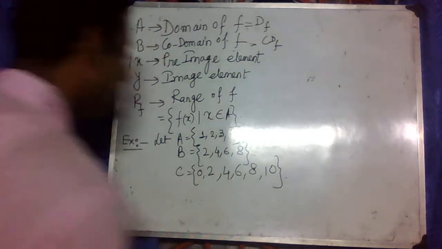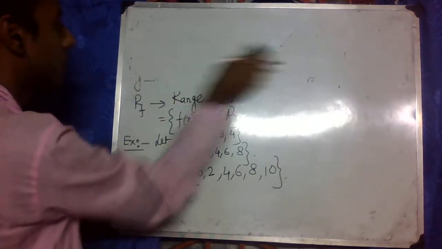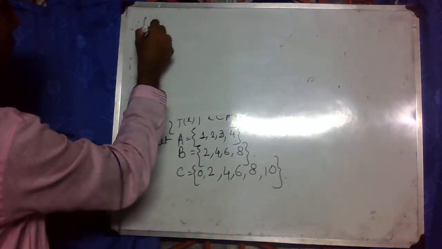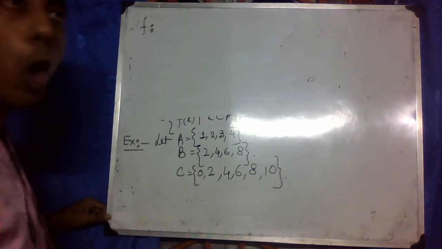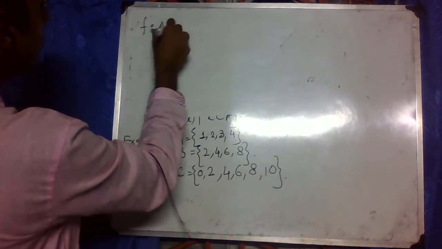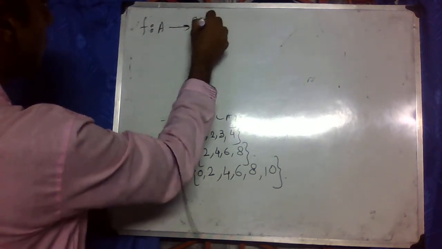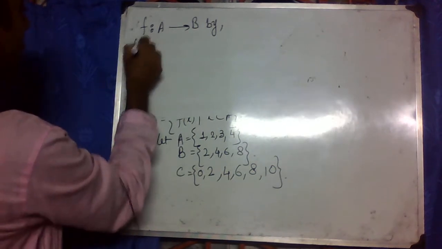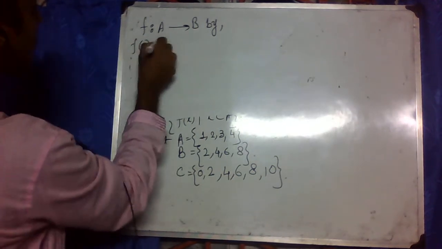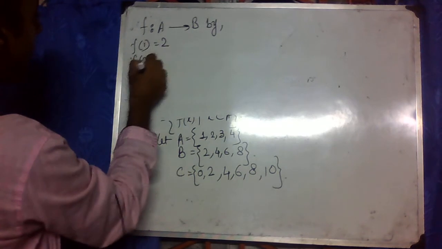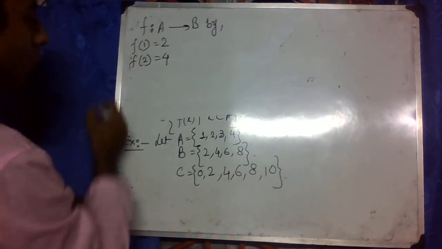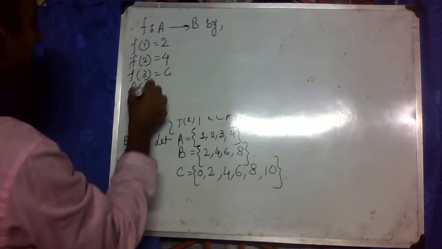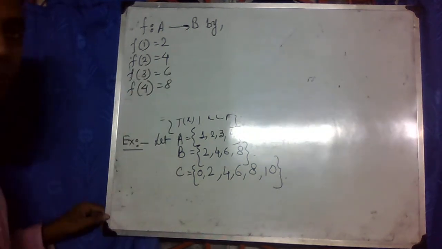We define a function f from A to B by f of 1 equal to 2, f of 2 equal to 4, f of 3 equal to 6, f of 4 equal to 8.